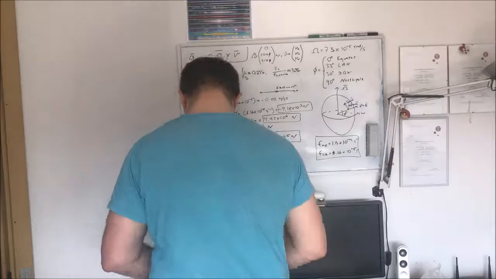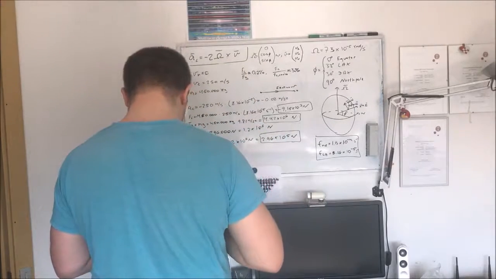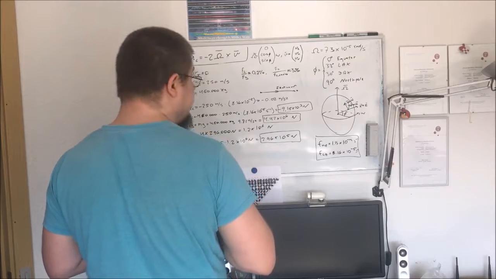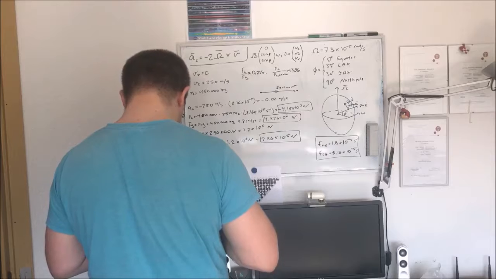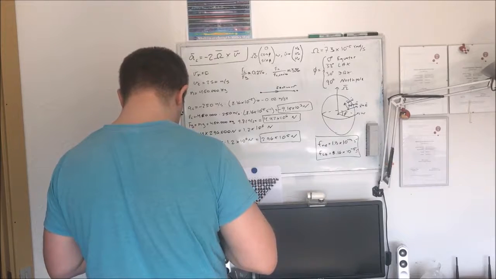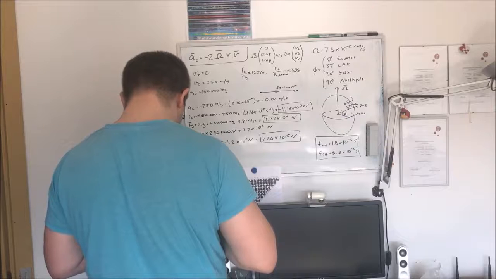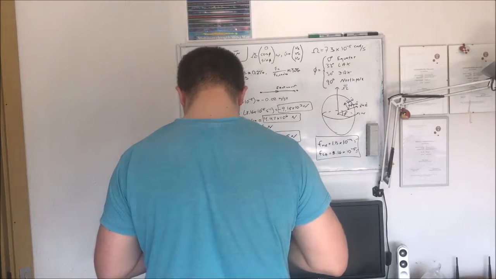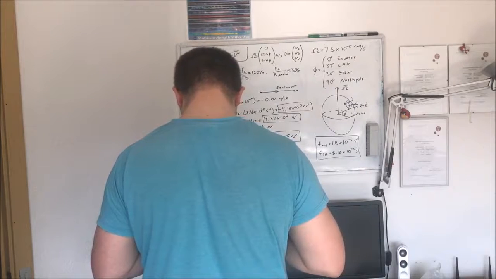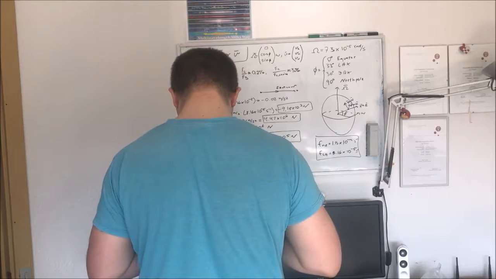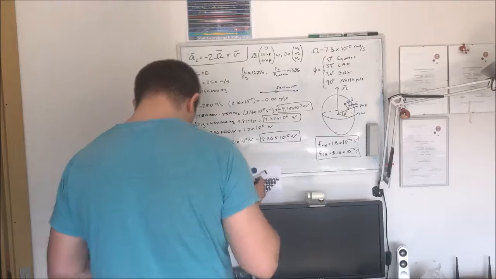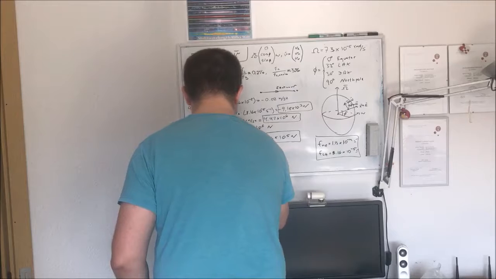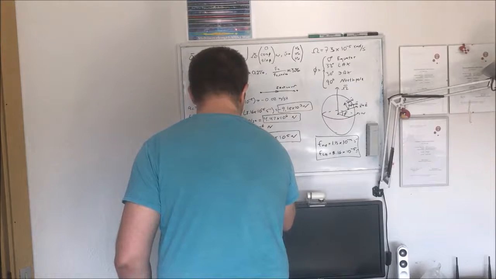That is 2 times 7.3 times 10 to the minus 5 times sine of 30 degrees. It is 7.3 times 10 to the minus 5 per second.